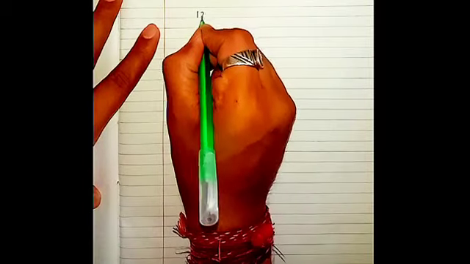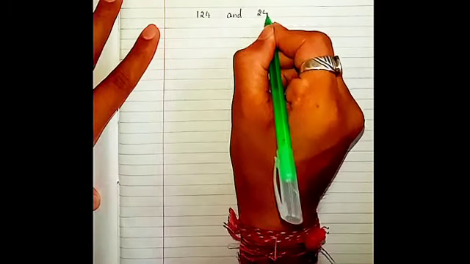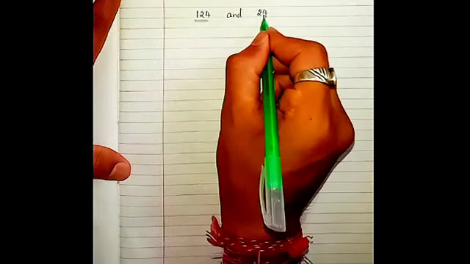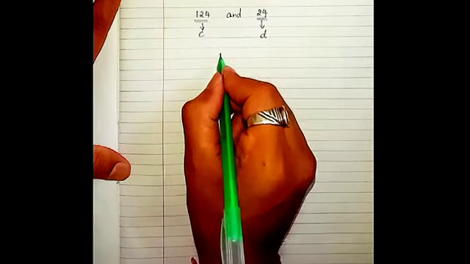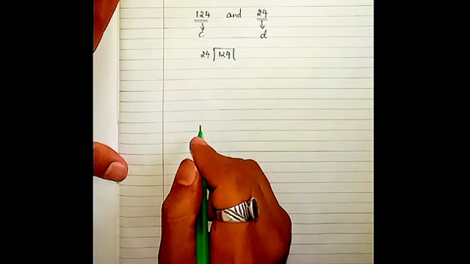And we will proceed. Clear? So this number is greater than this. This will be my C value, this will be my D value, and I will divide 124 by 24.